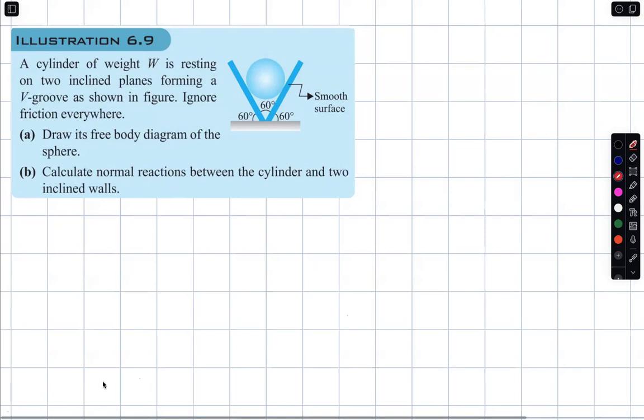Now you need to draw the free body diagram of this situation, right? So what are the free body diagrams? One thing is very clear at this point.